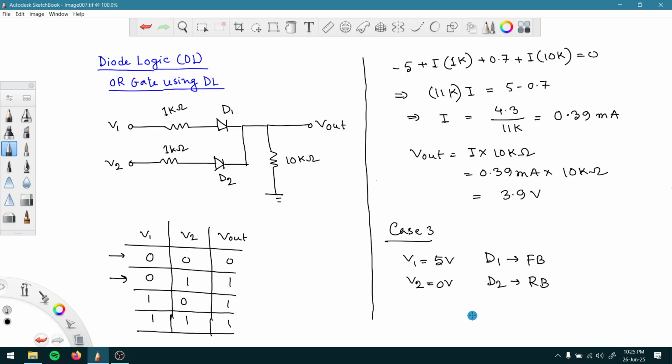But after doing all the analysis, we are going to see that for this case also V out should give us a value of 3.9 volt, which can be considered as logic 1. So case 3 is also verified. Now we will look at the last condition, case 4, which is whenever both of the inputs V1 and V2 are at high logic. So let us try to do that.